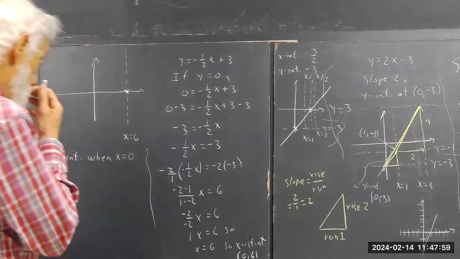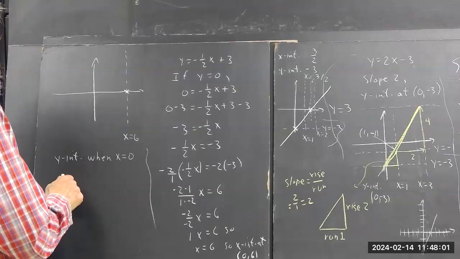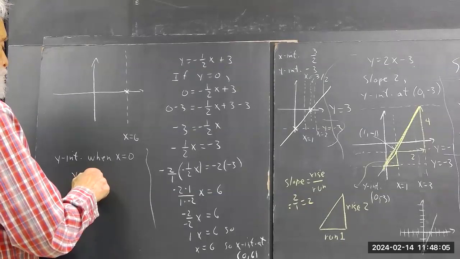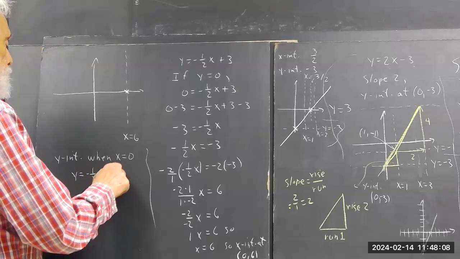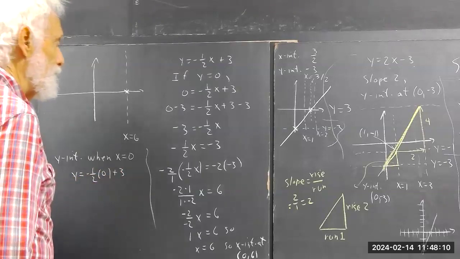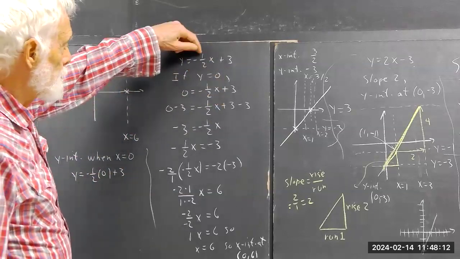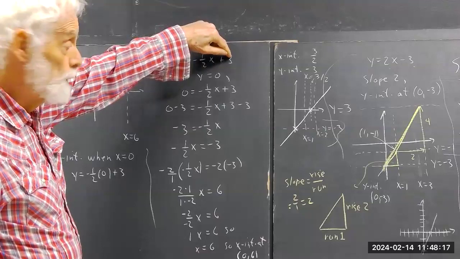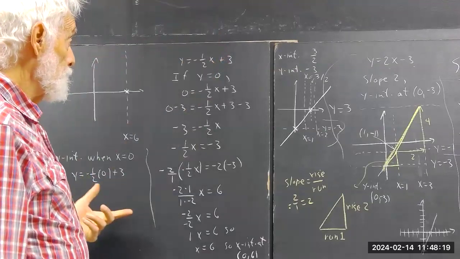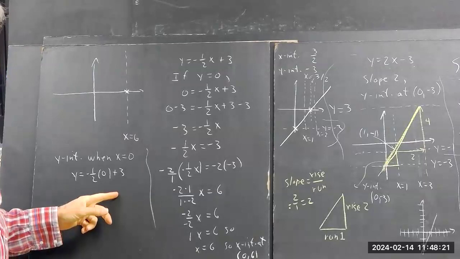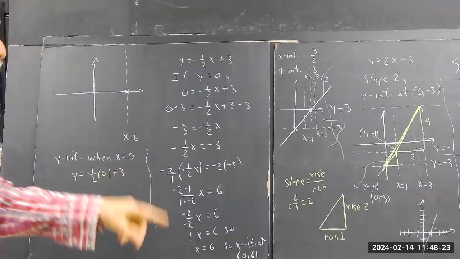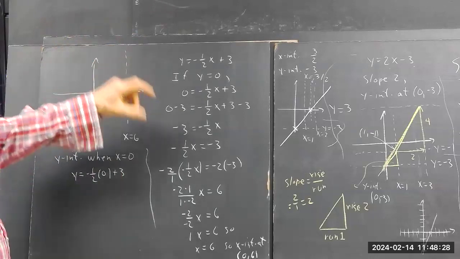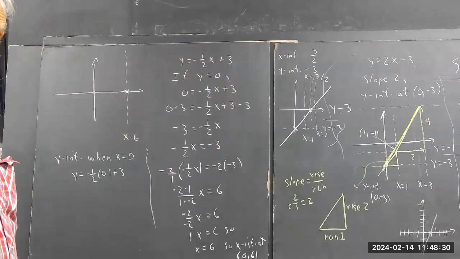So if x equals 0, you get y equals -1/2 of 0 plus 3. Now, this is slope-intercept form, so it's clear that this is slope and this is intercept. Okay, so you could know just from slope-intercept form that this is a y-intercept. I want you to do this because you're going to have to do this with other kinds of equations where you can't read off the intercept, including linear equations that aren't in slope-intercept form.